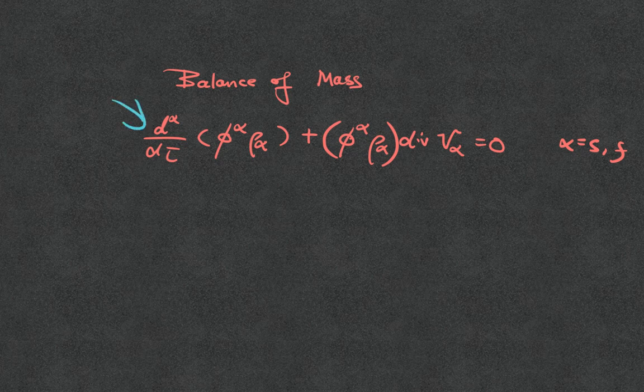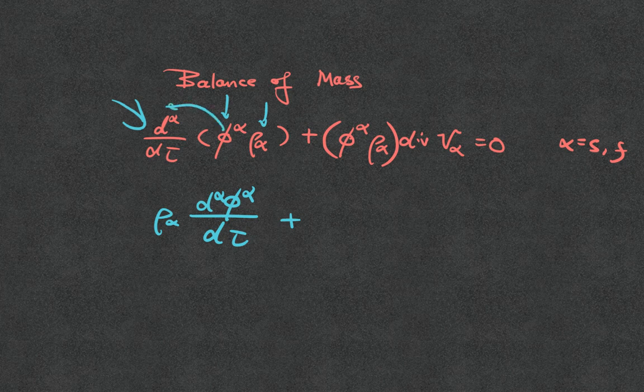Let me apply the product rule for this term. I take the derivative of the volume fraction, times rho alpha, plus the second term, where I take the derivative of the density: the volume fraction times the rate of change of the density itself.